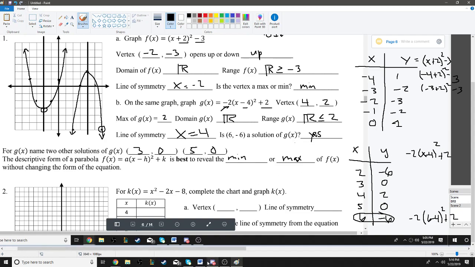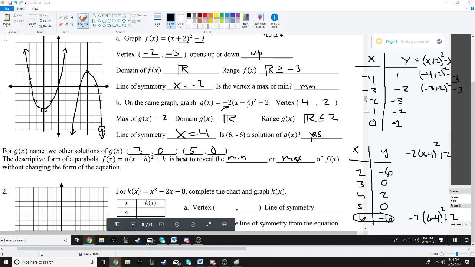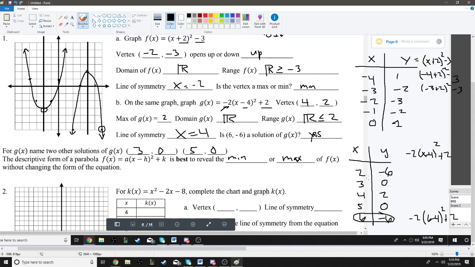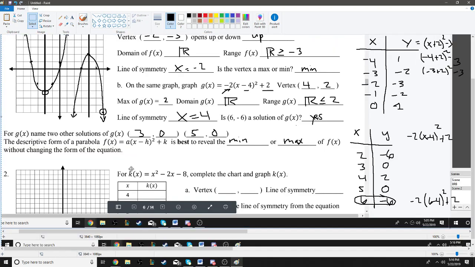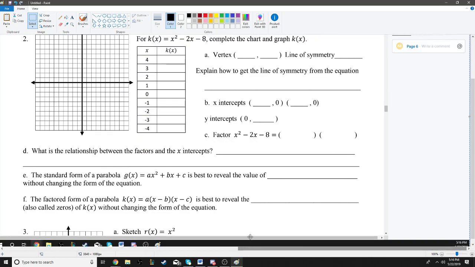So let's scroll on down to the next part. For the next part, complete the chart and the graph. So we're going to plug x into all these and see what's going on.